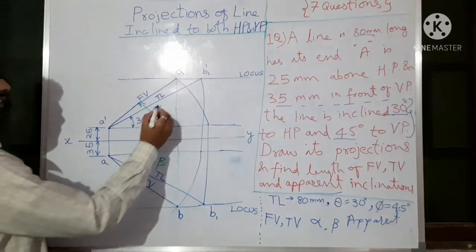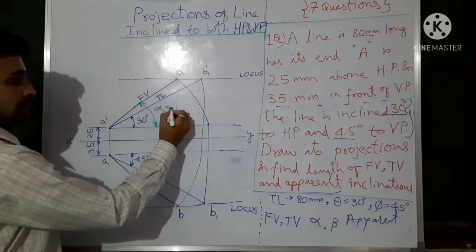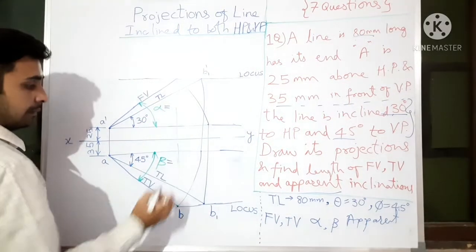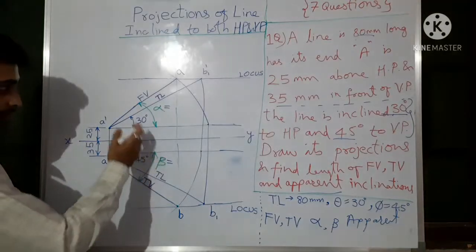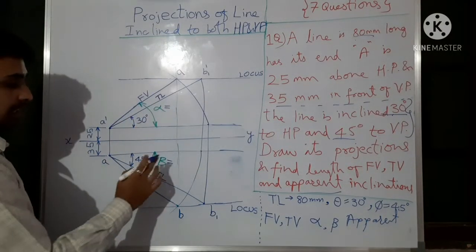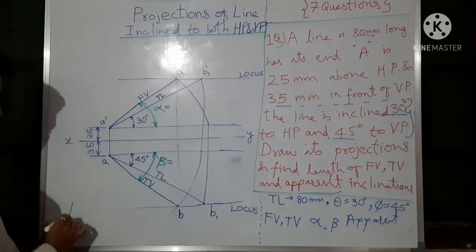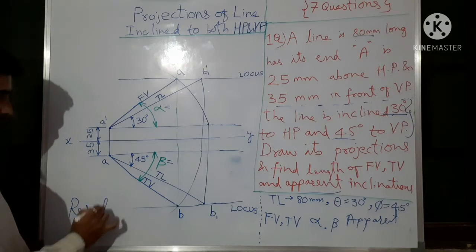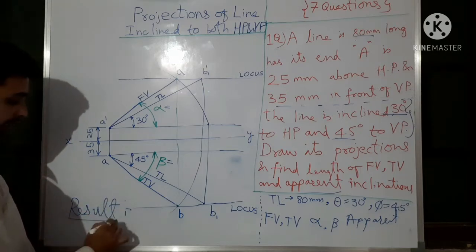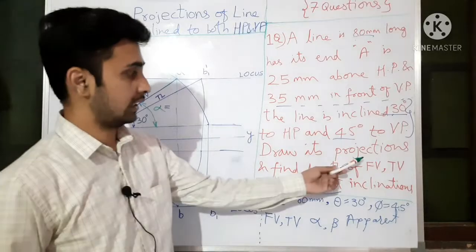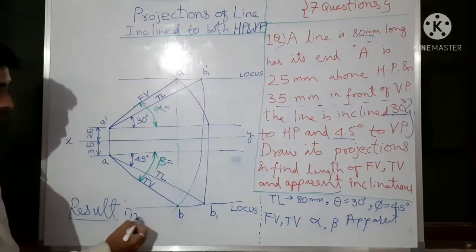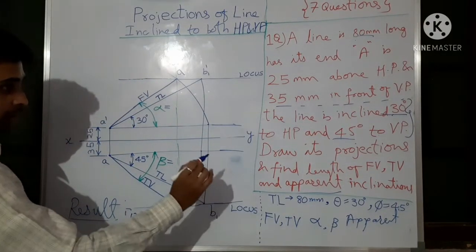So in the question they asked us to find alpha and beta. After calculation, after drawing, you can measure alpha and beta and put it in the result like this. Below the diagram you can have the result. In that, what is asked: draw the projections. So the first point, projections are drawn.